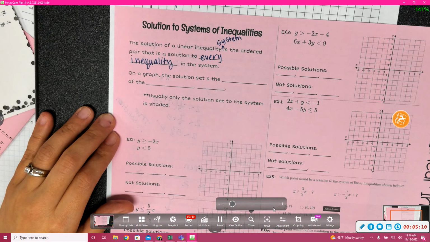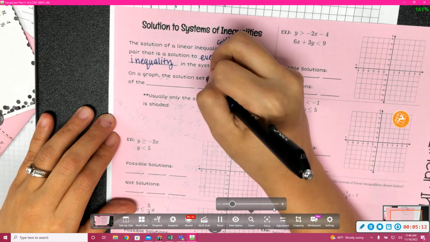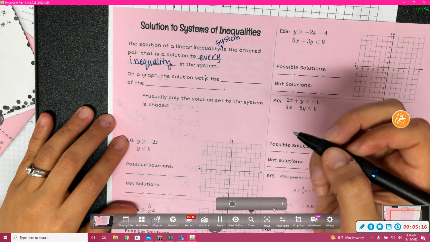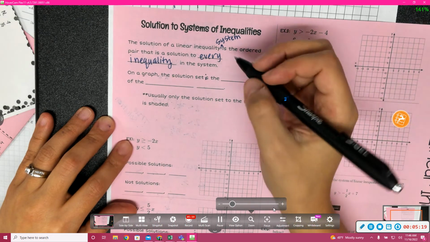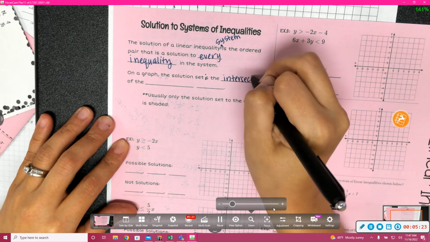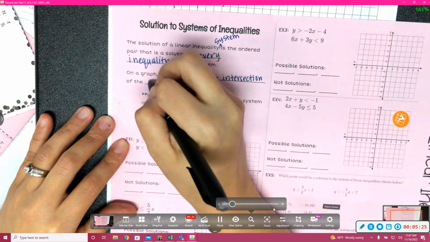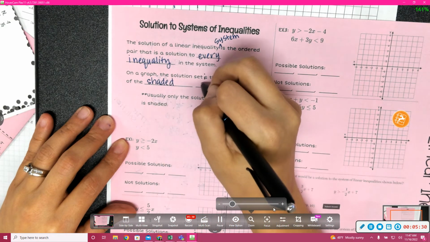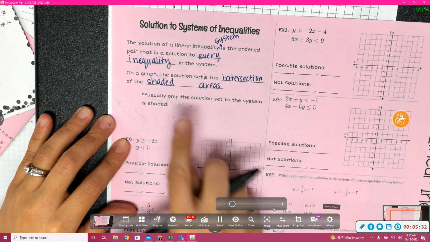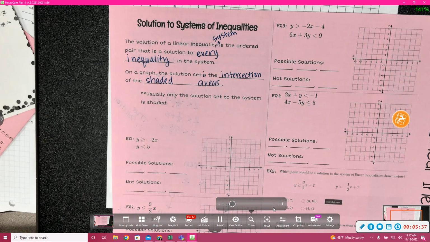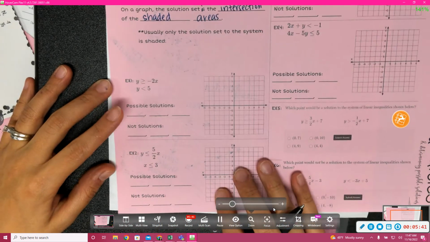And on a graph, the solution set is, I had a lot of typos on this, the intersection of the shaded areas. And usually only the solution set to the system is shaded. So it's going to be where they both intersect, and normally like on tests and stuff, they only shade that one part. So let's look at our examples.